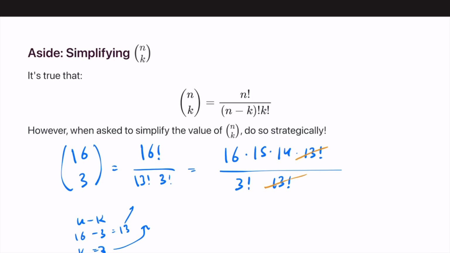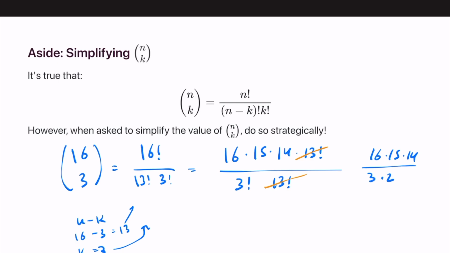So that leaves us with 16 times 15 times 14 over 3 times 2, or times 1, but whatever, 3 times 2. Why 3 times 2? Well, because we can easily reduce the 16 to the 15.